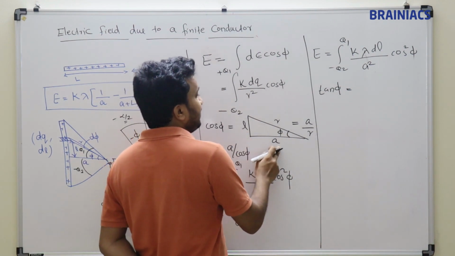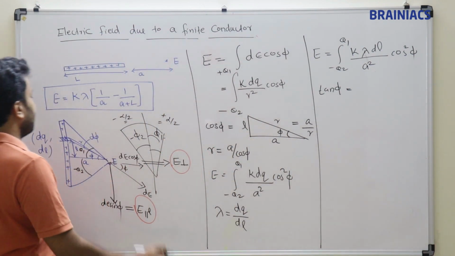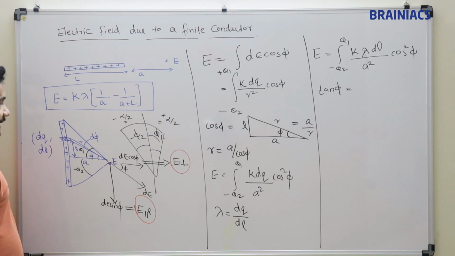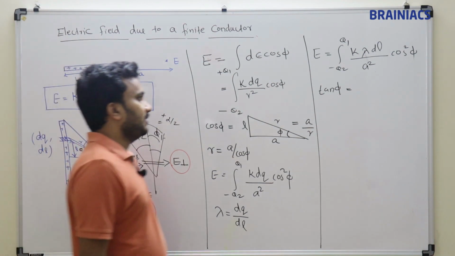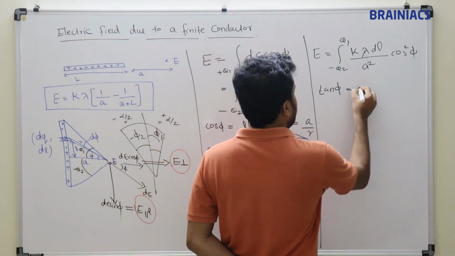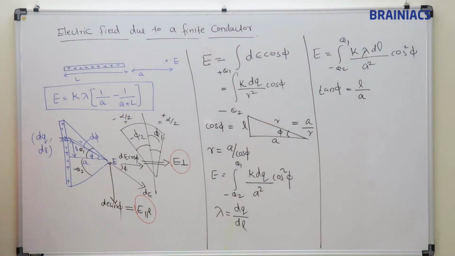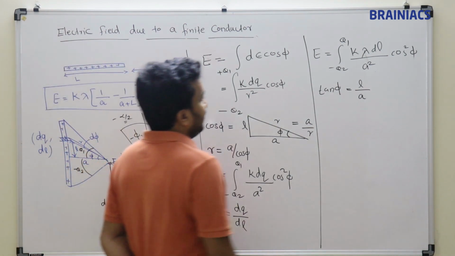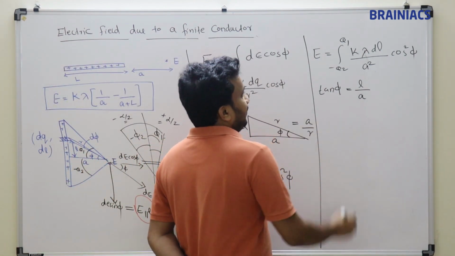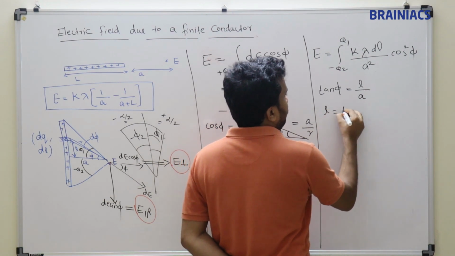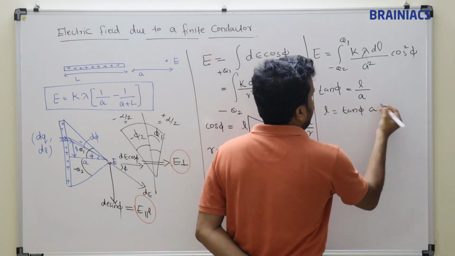Opposite side is L, adjacent side is A. So L will be equal to tan phi into A.